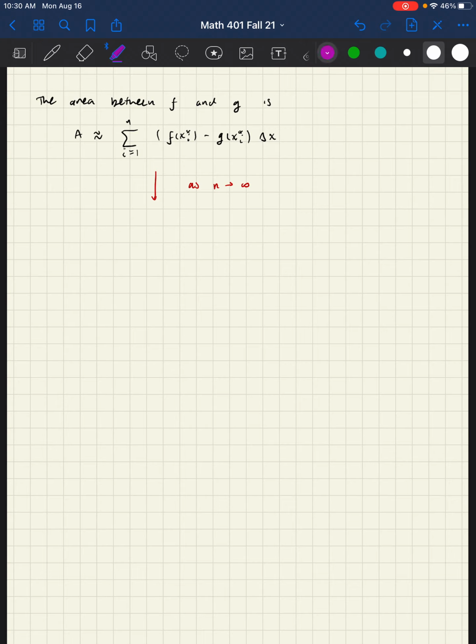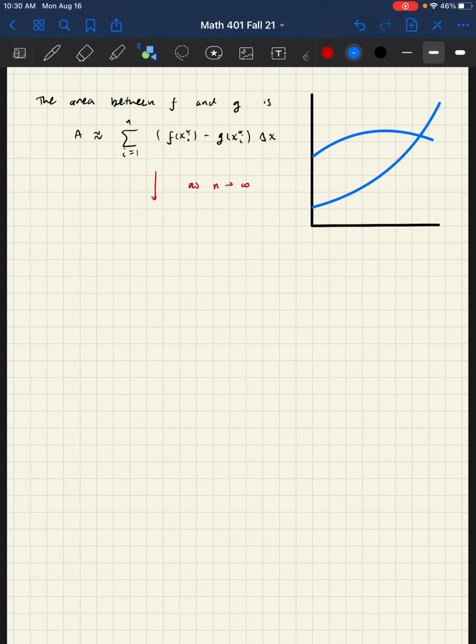So to understand that better, I'm going to go ahead and draw that again. Here's our drawing again. What we're actually talking about here is some really thin slice there, okay?